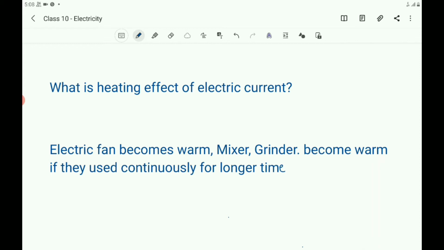The energy of the battery connected in the circuit gets dissipated entirely in the form of heat produced in the resistors. So, the phenomenon of production of heat in a resistor by the flow of an electric current through it is called heating effect of current or Joule heating.